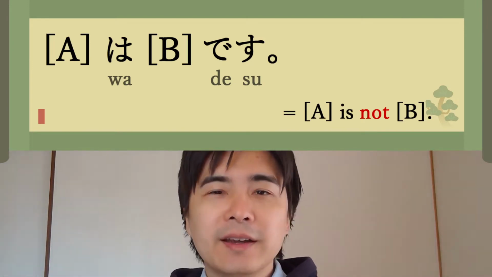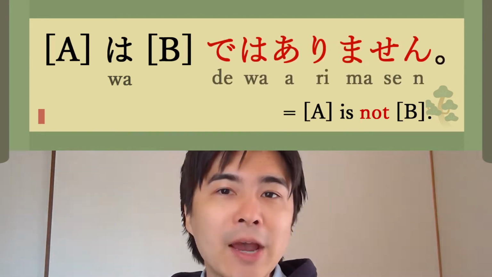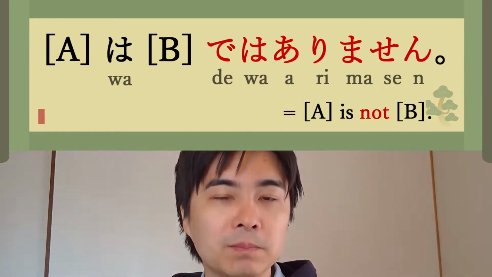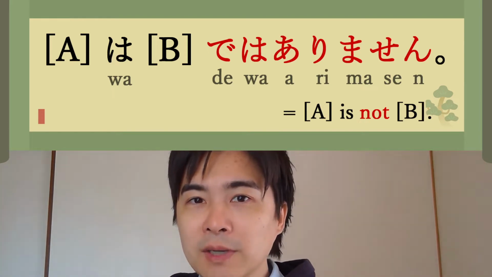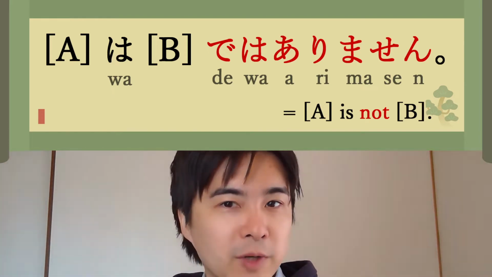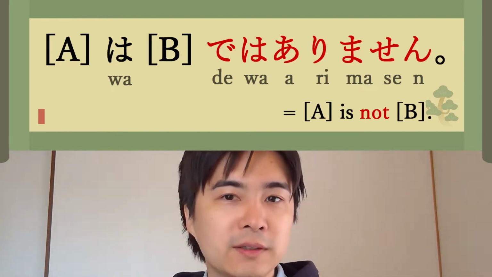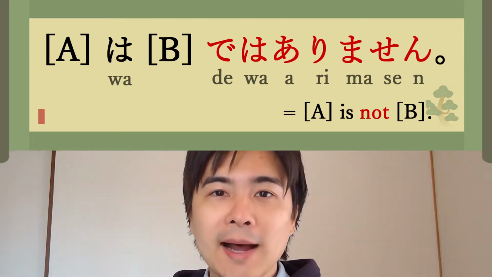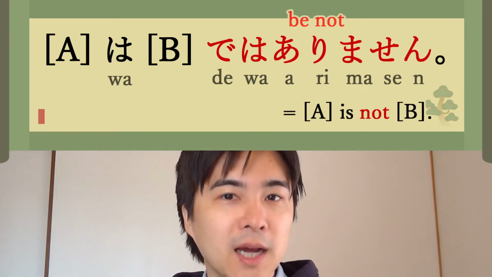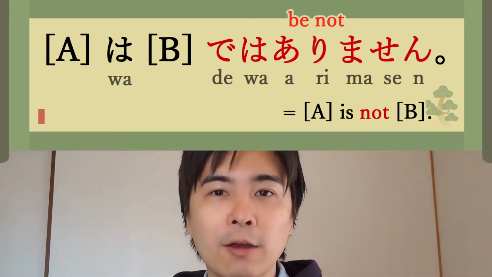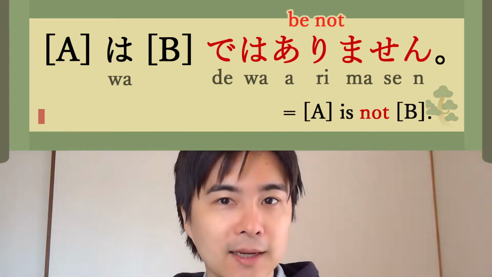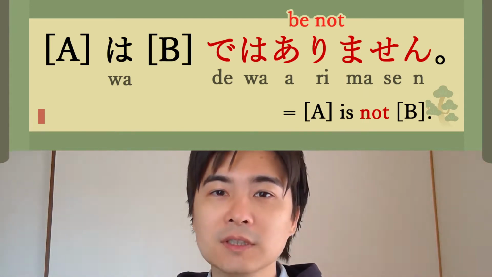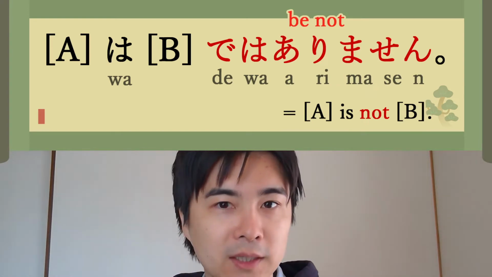It's like A は B ではありません。This means A is not B. If you want to make a sentence negative, please replace です with ではありません。ではありません means be not. So, A は B ではありません means as for A, it is not B. So, it means A is not B.